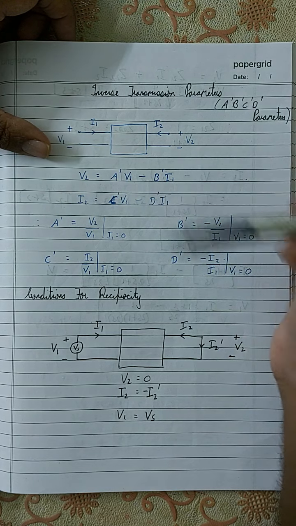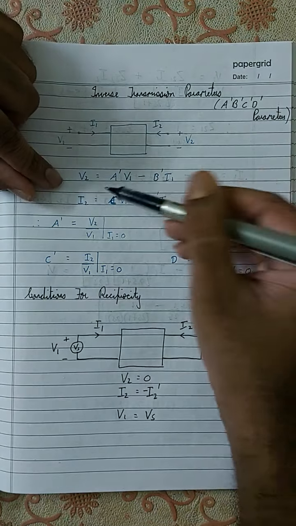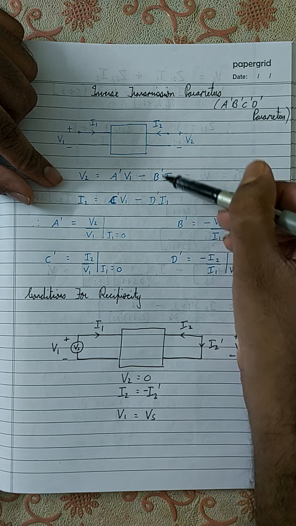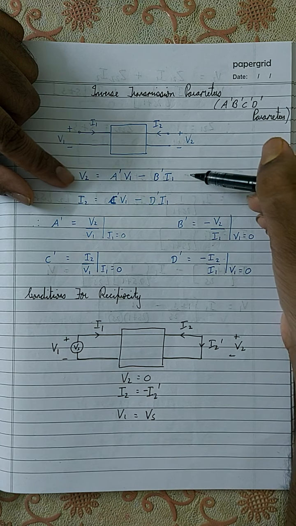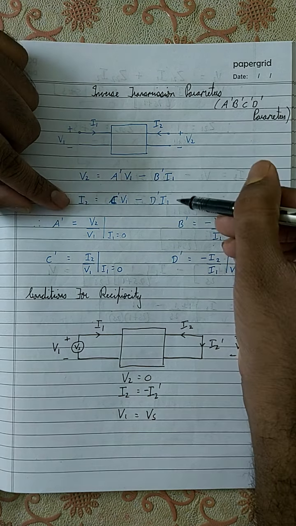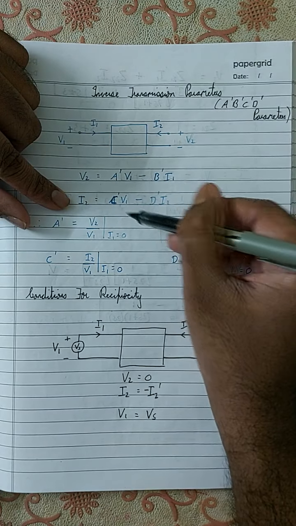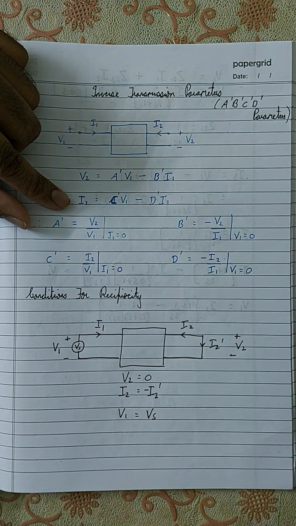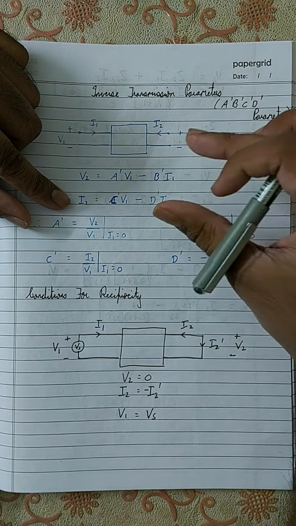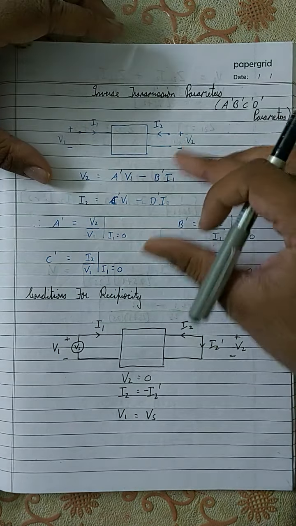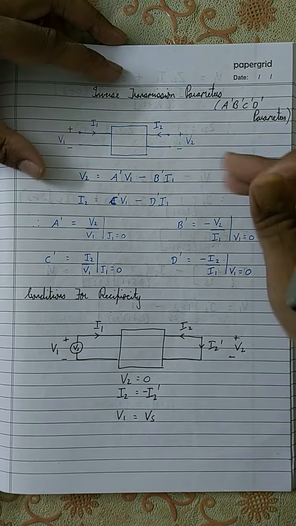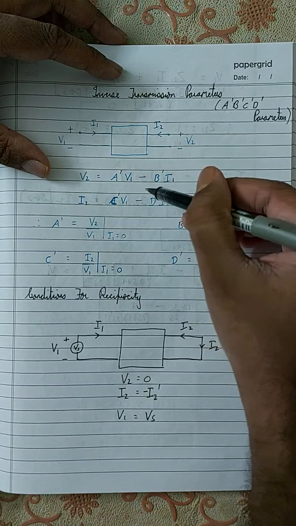So this is the equation: V2 is equal to A dash V1 minus B dash I1, and I2 is equal to C dash V1 minus D dash I1. That's all. If you know this equation, then, as in the previous parameters, you can write the equation for the individual parameter.